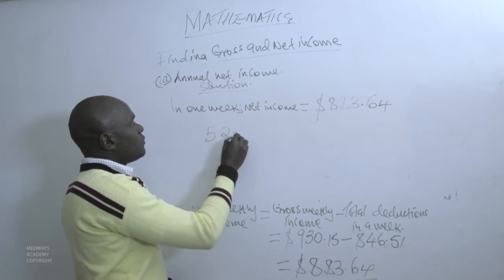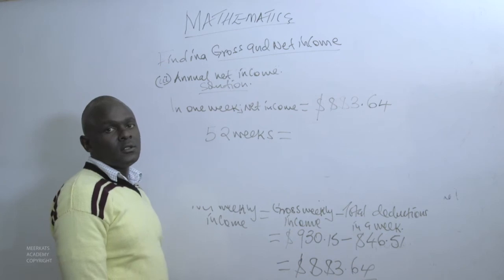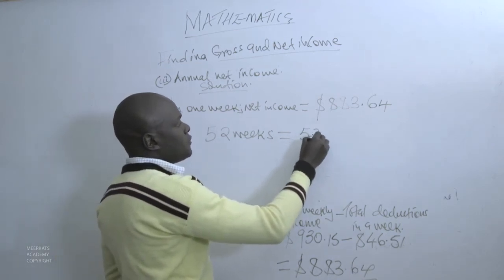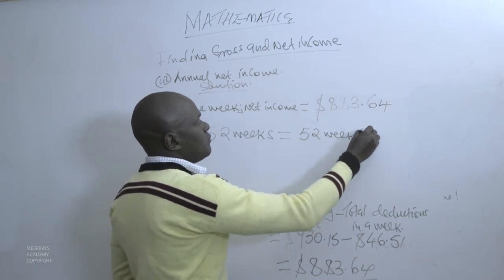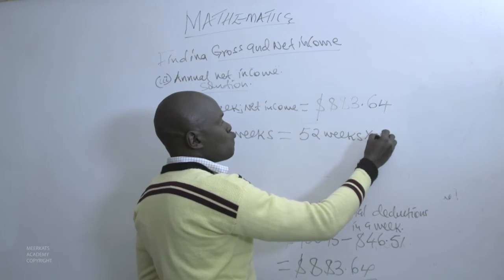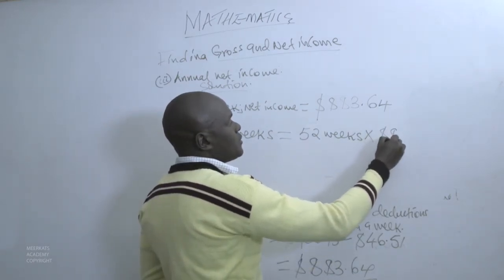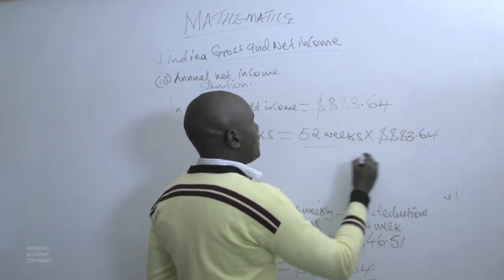52 weeks will have a net income of 52 multiplied by the net income in a week, which is $883.64 divided by the week.